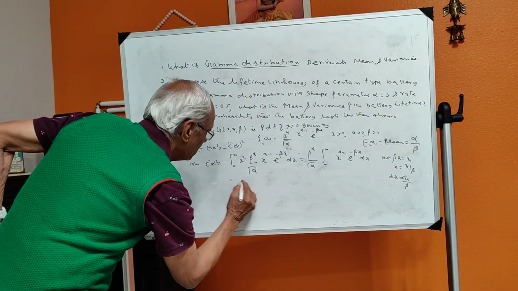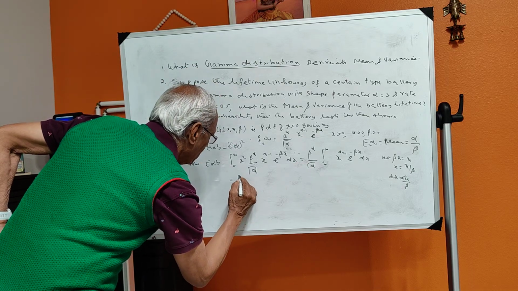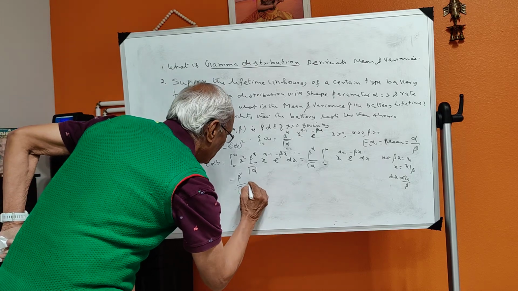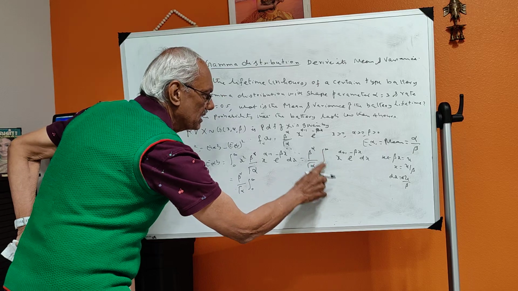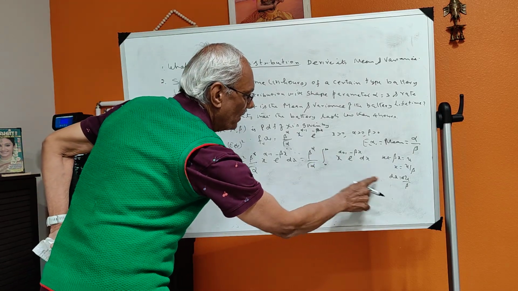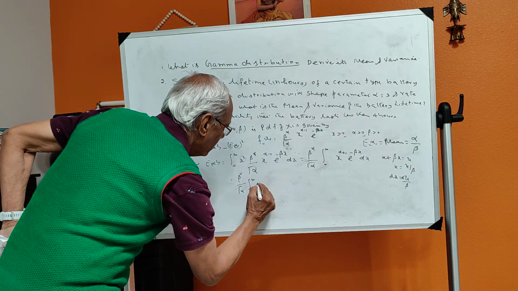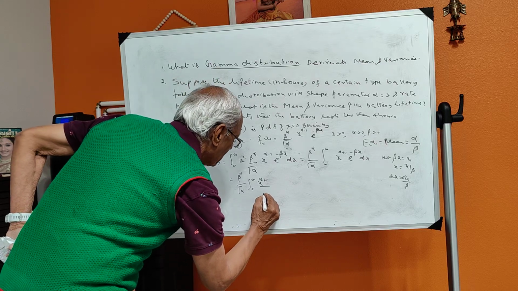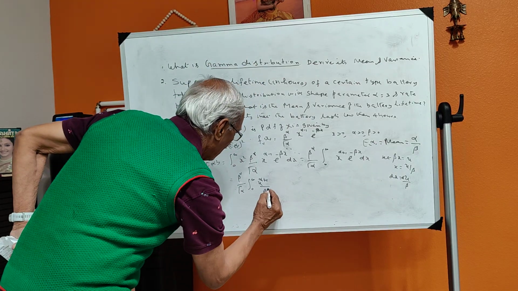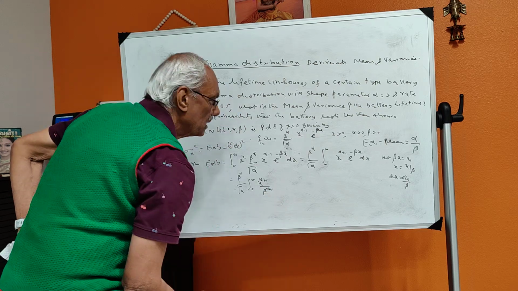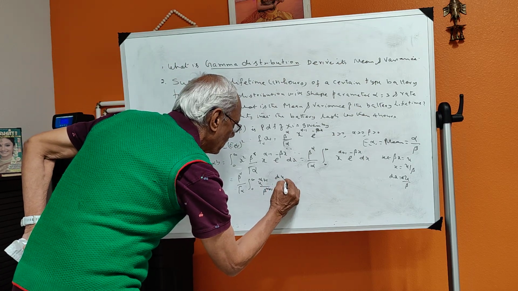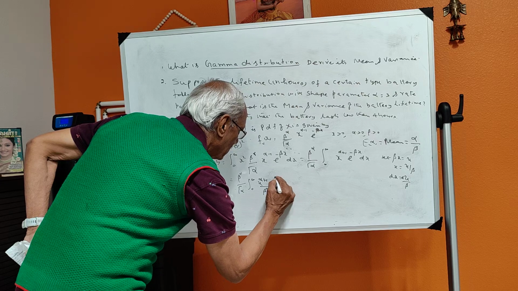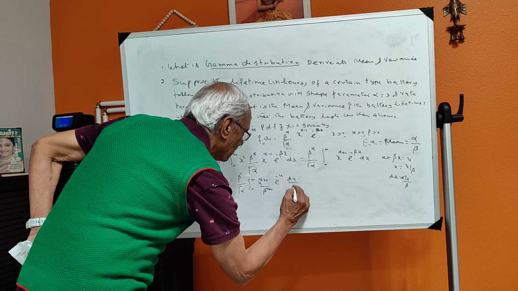So this will be beta to the power of alpha divided by gamma of alpha into the integral from 0 to infinity of u to the power of alpha plus 1 divided by beta to the power of alpha plus 1, into e to the power of minus u into du by beta.